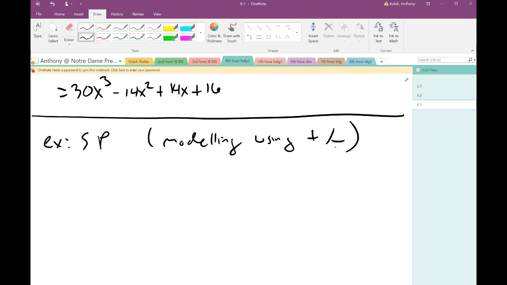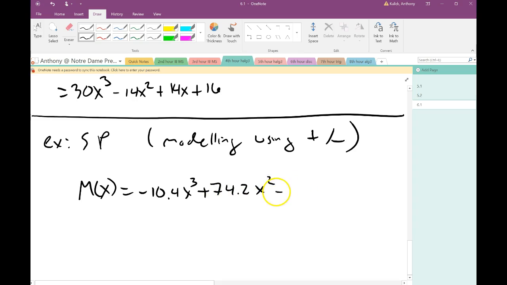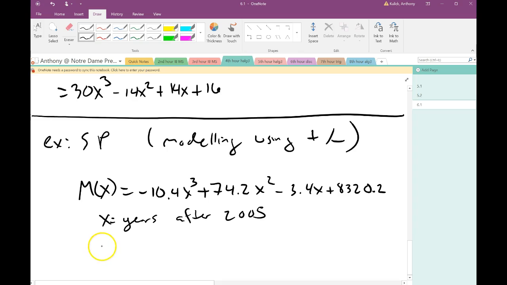It says the data from the U.S. Census Bureau for 2005 through 2009 shows that the number of male students enrolled in high school in the United States can be modeled by the function m of x equals negative 10.4x cubed plus 74.2x squared minus 3.4x plus 8,320.2, where x is the number of years after 2005, and m of x is the number of male students in thousands.